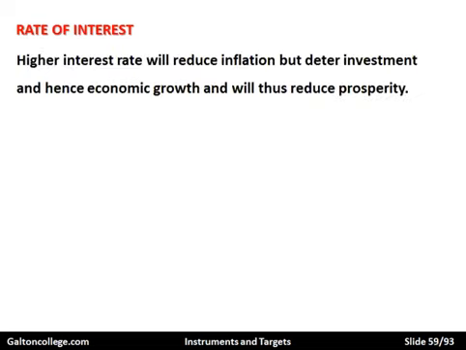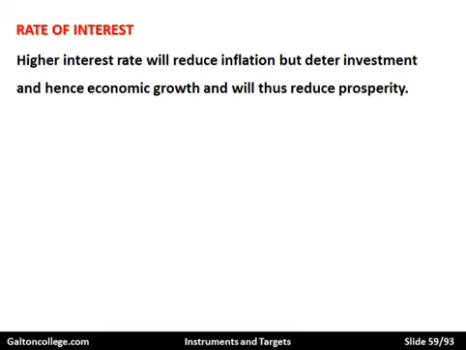The rate of interest. Well, higher rates of interest will reduce inflation but deter investment, and also hence economic growth, and thereby reduce prosperity. So higher rates of interest can reduce inflation because higher rates of interest mean there is less money supply.